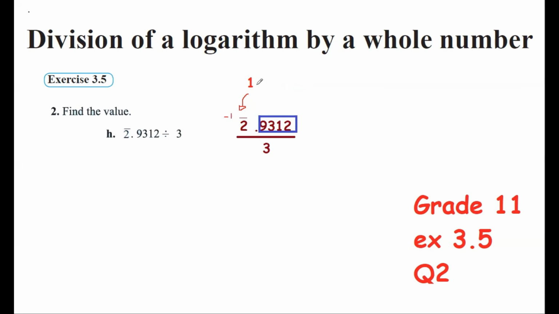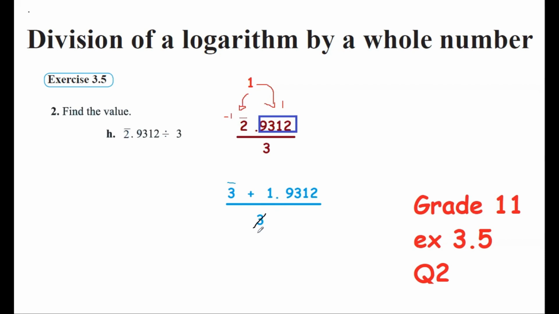And you have to give the other +1 for the other side. So then the number is now bar 3 plus 1.9312 divided by 3. Now both sections we are dividing separately by 3.